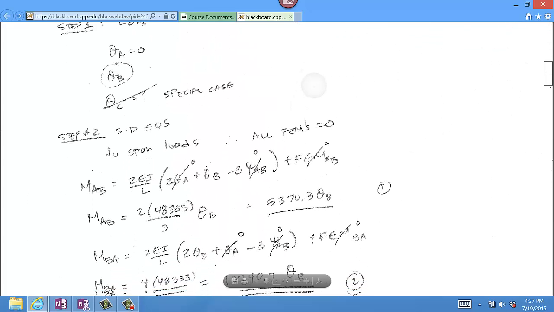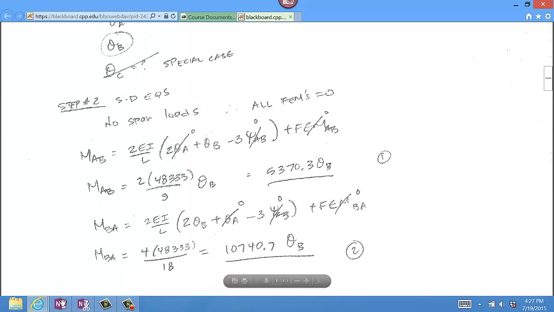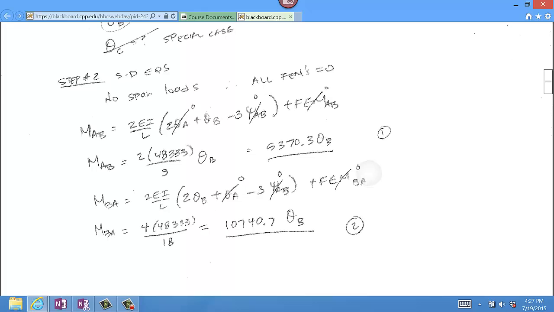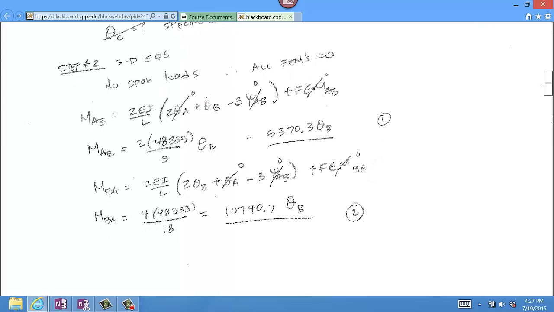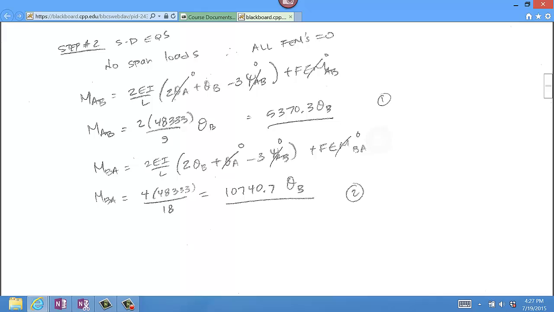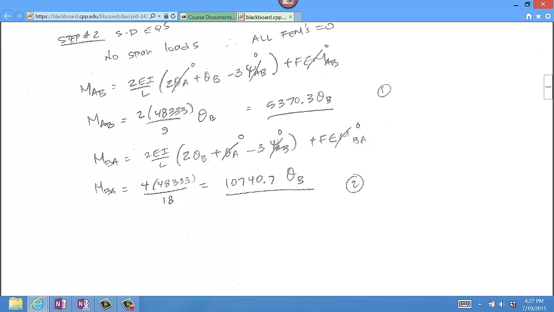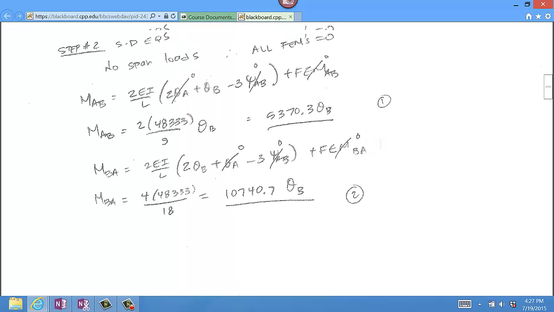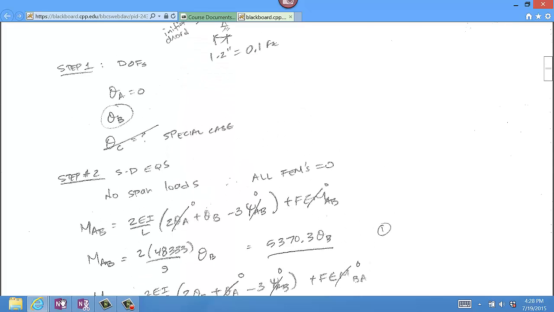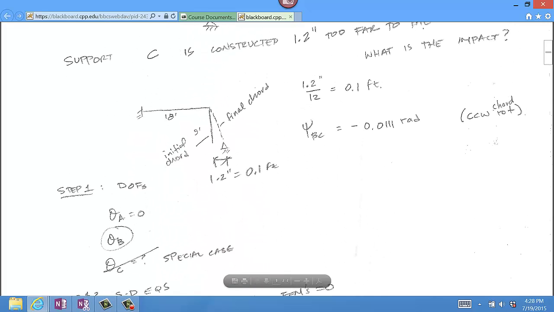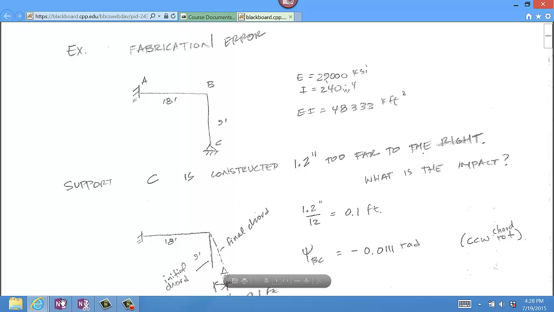That is indicated in the solution. So I'm not going to go through all the individual steps here, but basically you write out an expression for MAB, which is a general case expression, as the 2EI over L indicates. The FEM is 0. There is no psi AB because there's no settlement. There is no vertical settlement.